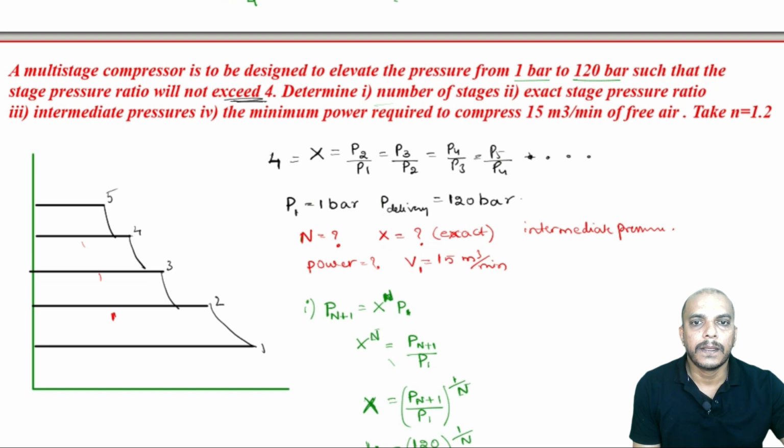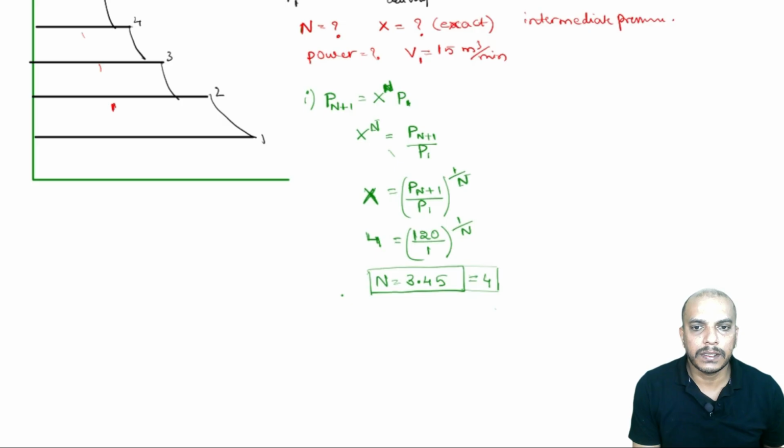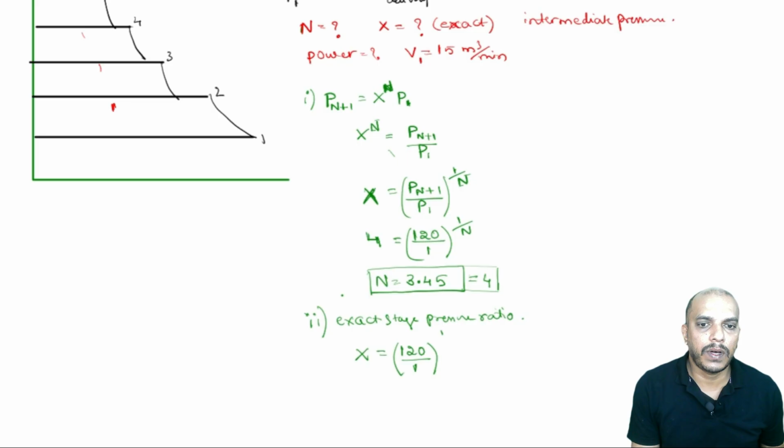Now, the second one is exact stage pressure ratio. Now, what is exact stage pressure ratio? We have been asked to find out x, alright. So, now 120 by 1, that is delivery pressure divided by suction pressure, to the power of 1 by number of stages.